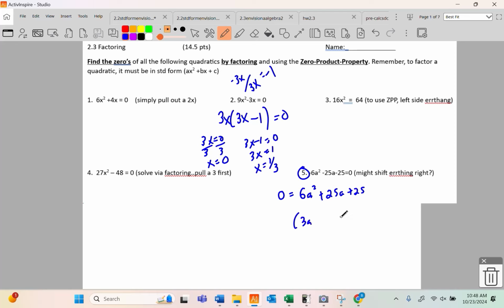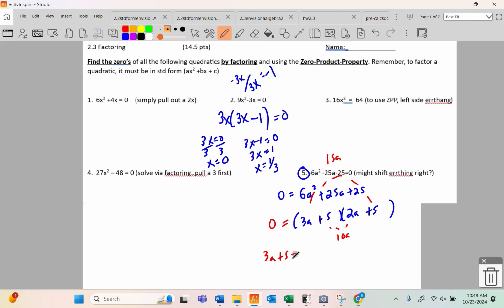It's going to take a 3a and a 2a to generate my 6a squared, and factors of 25 are 5 and 5. I'm going to check: the outside would make 15a, and the inside would make 10a, and 10 and 15 is going to be that positive 25, still equal to 0, so now I kick it with the ZPP.